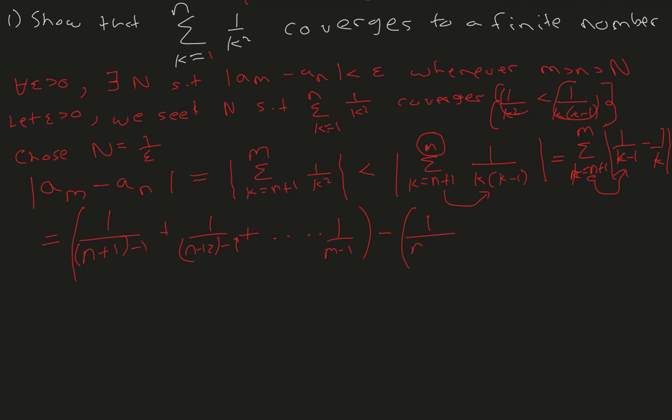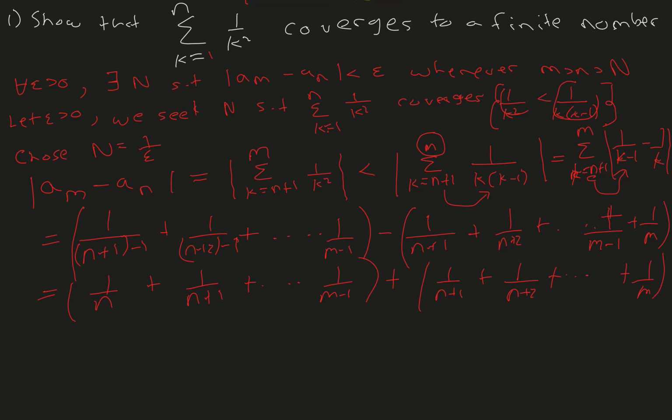So we'll get 1 over n plus 1 plus 1 over n plus 2, all the way up till plus 1 over m minus 1 and plus 1 over m. We can simplify this into 1 over n, then 1 over n plus 1, up to 1 over m minus 1, plus 1 over n plus 1. We can't simplify this any further, all the way up till plus 1 over m.